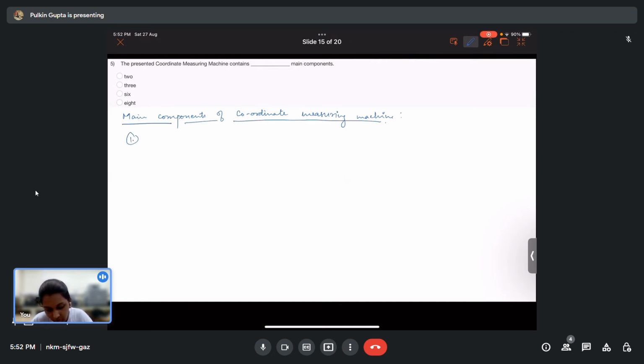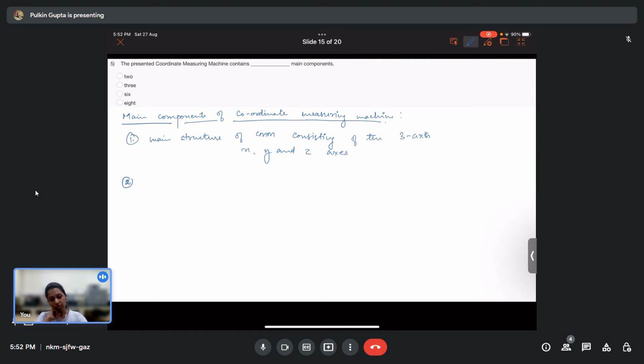So first was the main structure of CMM consisting of the three axes, X, Y and Z axis. Okay, so that was the one part, the main component.